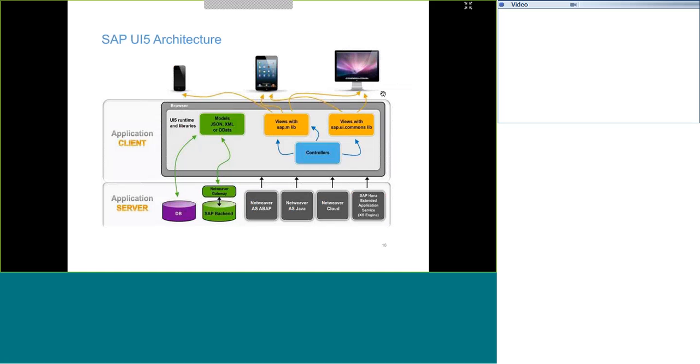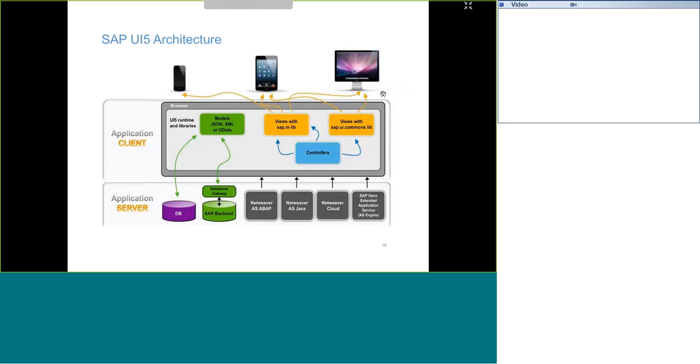On a bigger picture, this is the architecture of SAP UI5. There are three layers. There's the application layer, which is the NetWeaver ABAP, or it could be the HANA Access.js. The application layer would connect to the DB layer or the SAP backend. On top of that, there would be the NetWeaver Gateway or Access OData gateway. And on top of that, there would be the application client. This is the browser that we are talking about.